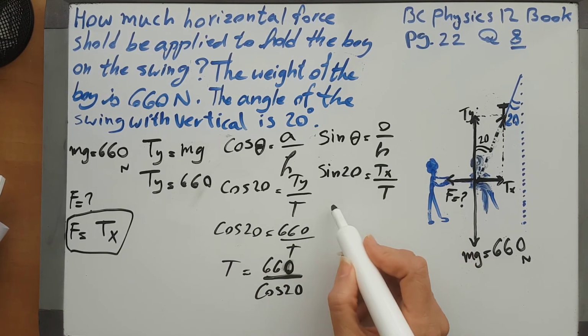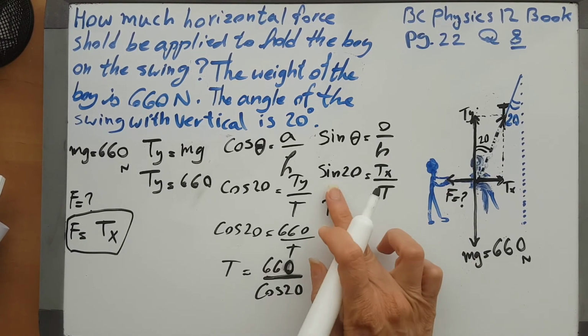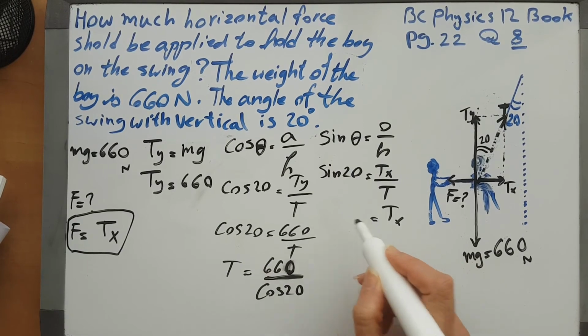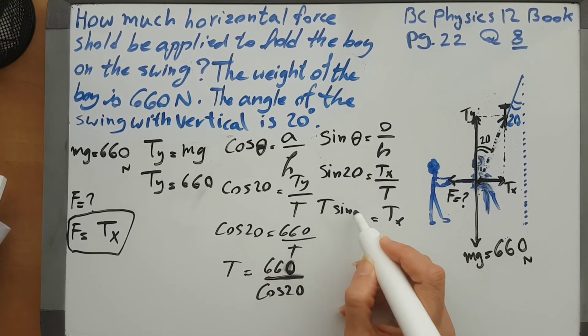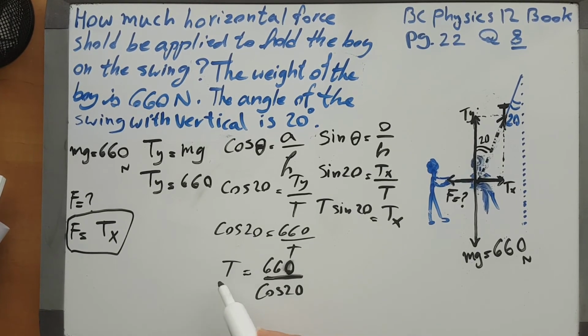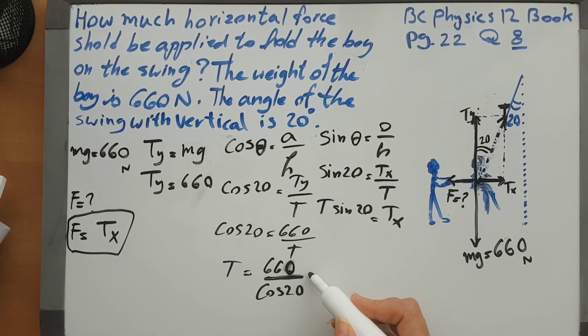I find the Tx, because Tx is what I'm looking for. I isolate the Tx and leave T on the other side. Tx equals T sine 20. This is my Tx that I'm looking for, and I already have the T in here, right?